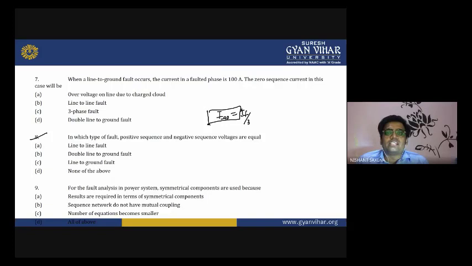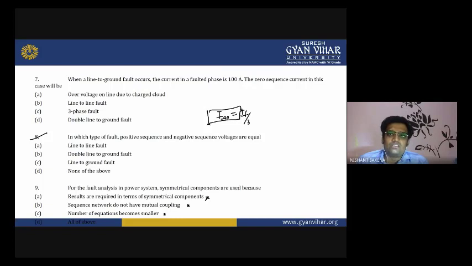Now, for the fault analysis in a power system, the symmetrical components are used because the results are required in terms of symmetrical components. Not necessary. Sequence networks do not have mutual coupling. Not necessary. The number of equations becomes smaller. It's also not necessary.